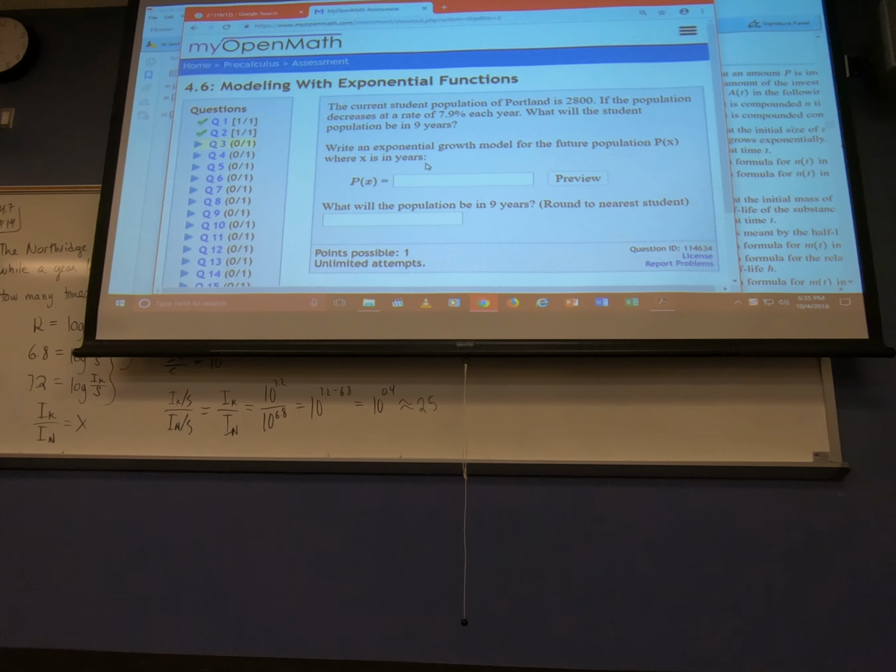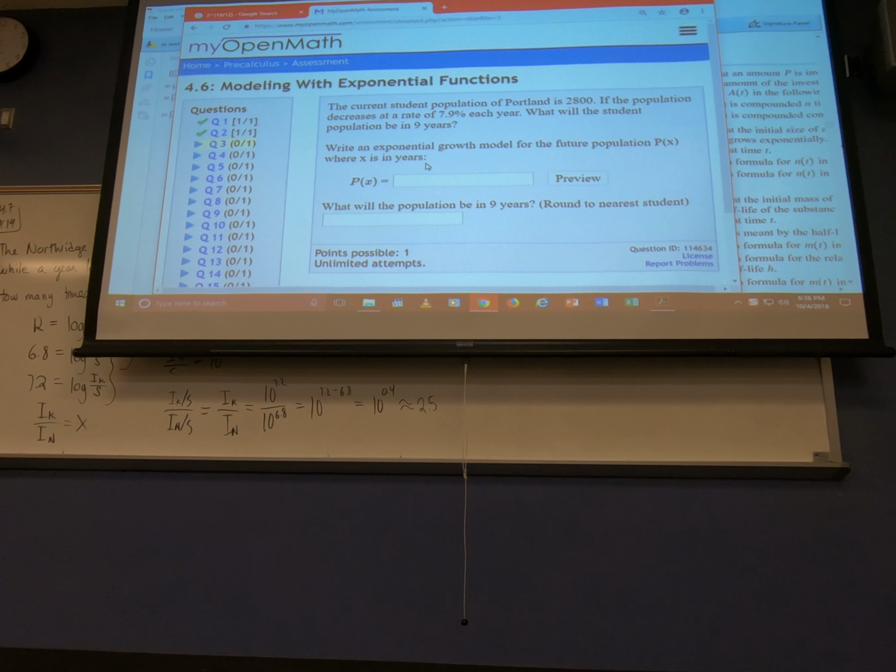T is the years since now, right? Oh, and it's X, not T. Okay, fine. R is negative 0.079. And so that comes out to 2,800 times 0.921 to the X power, right?